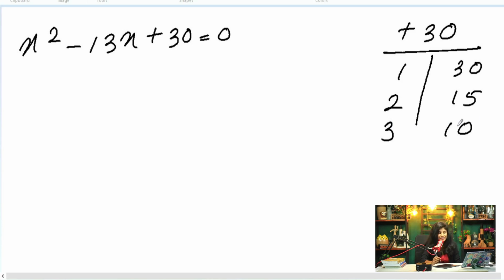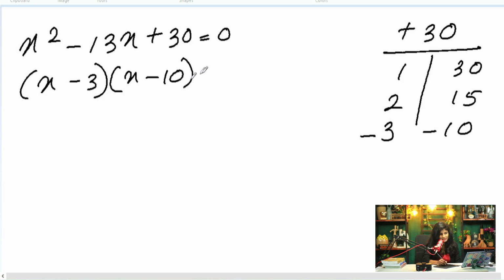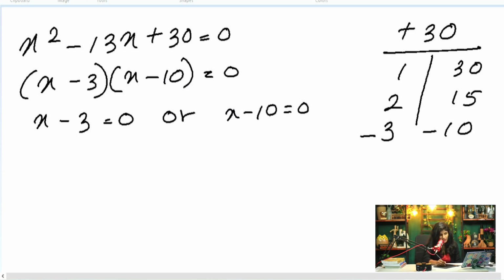Yes, the middle value is negative 13, then negative 3 and negative 10. x minus 3, x minus 10 equals 0. x minus 3 equals 0 or x minus 10 equals 0. Then x equals 3 or x equals 10. Very easy.